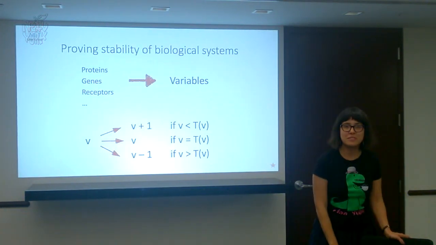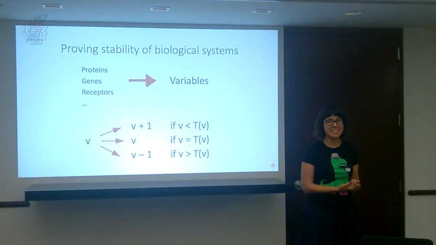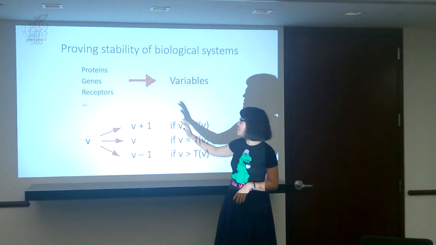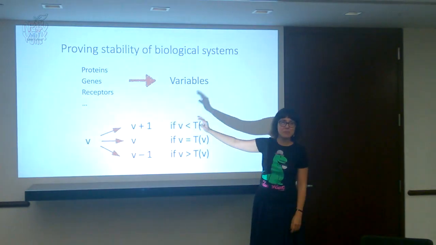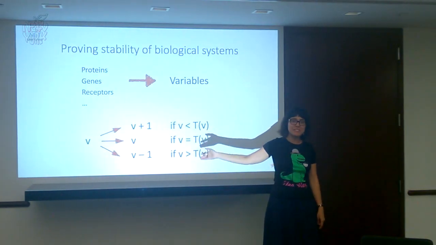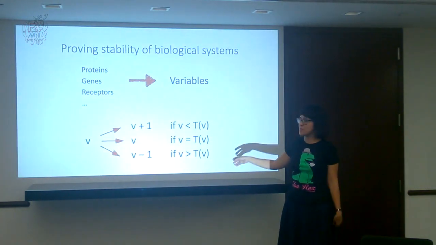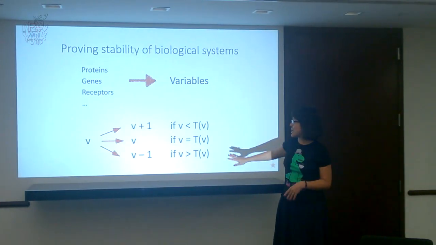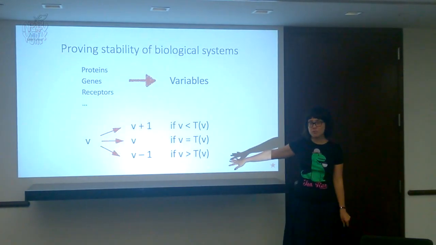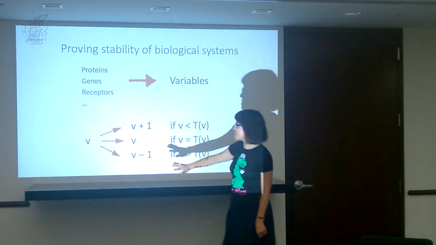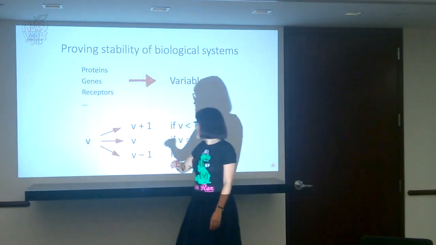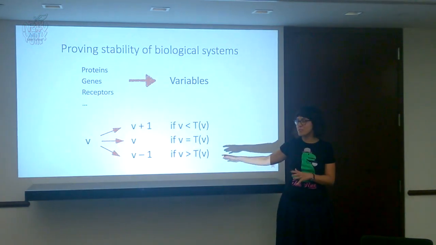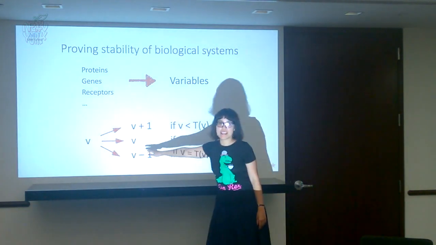So how can we actually use it in the biological system setting? Well, we can again map proteins and genes and receptors in cells into variables. And because we are looking at quite a dynamical system, for each time point, we basically want something like this to hold. For each variable, that means for each gene, let's say, if the value of the gene is equal to its target value, then we'll keep it the same.